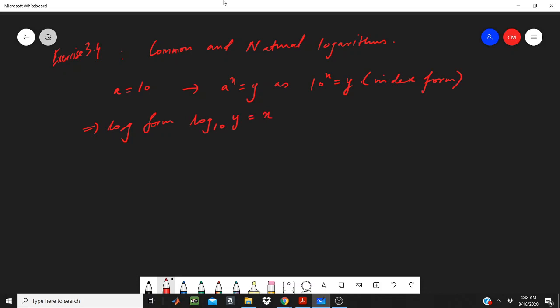Now whenever you have the base as 10 here, a equals 10, the logarithm is known as the common logarithm. So log 10 is known as the common logarithm.